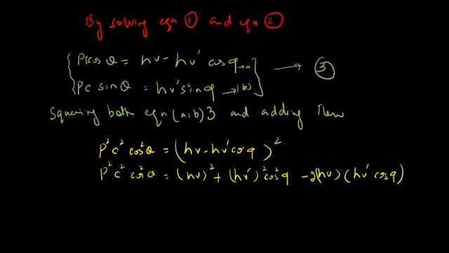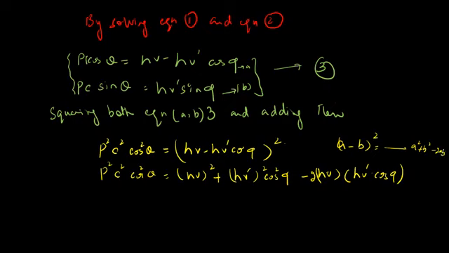Here we have used that a minus b whole square equals a square plus b square minus 2ab, so we open this formula and get h mu square plus h mu prime square cos square theta minus 2 h mu into h mu prime cos phi.